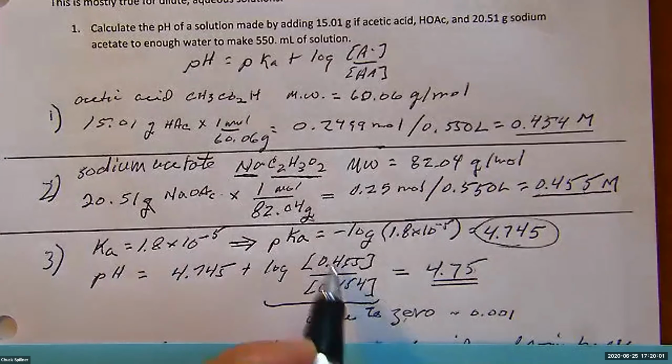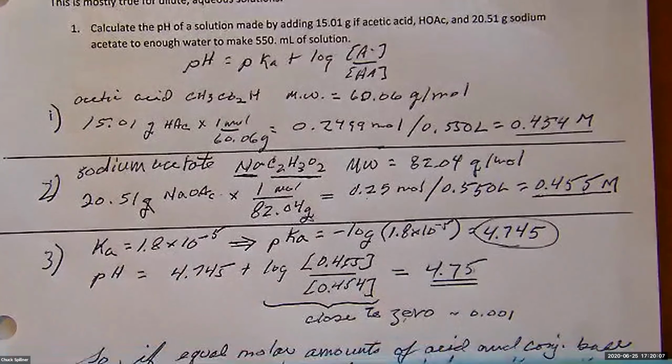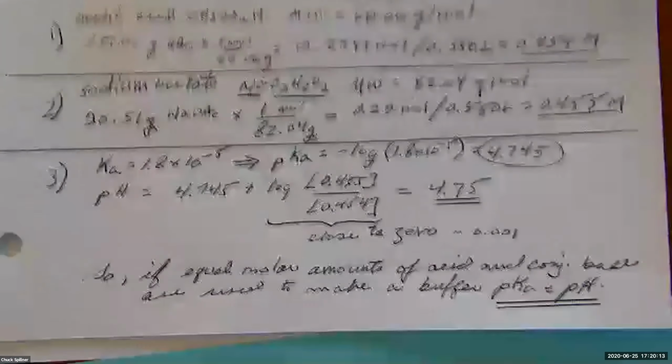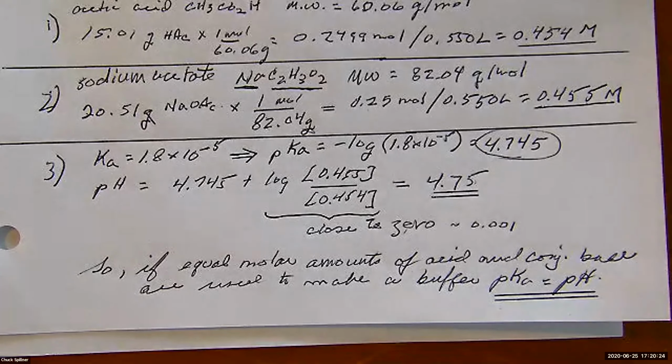Because of this, if these weren't equal, then you'd get a different pH for the buffer. So that's what this says at the bottom of my worksheet. If there are equal molar amounts of the acid and the conjugate base to make the buffer, then the pKa equals the pH.